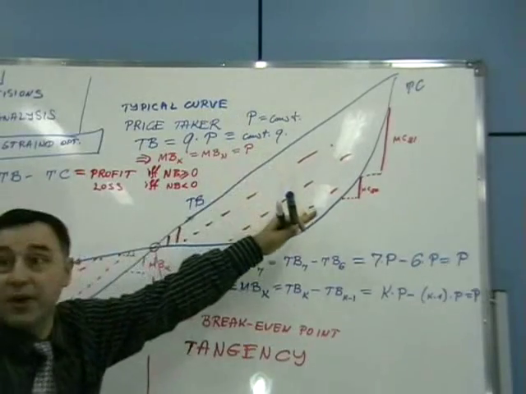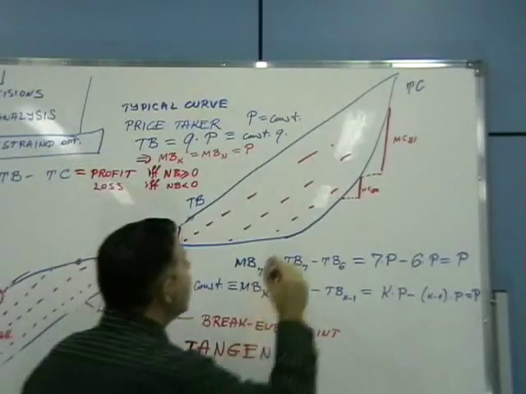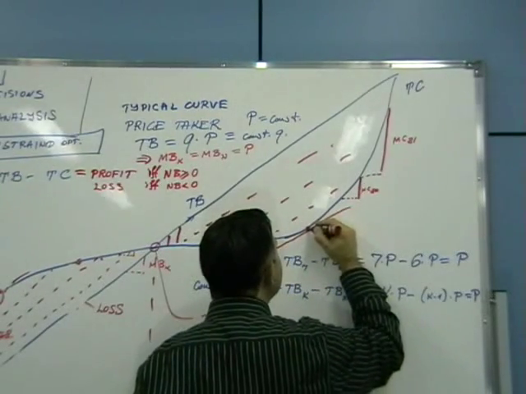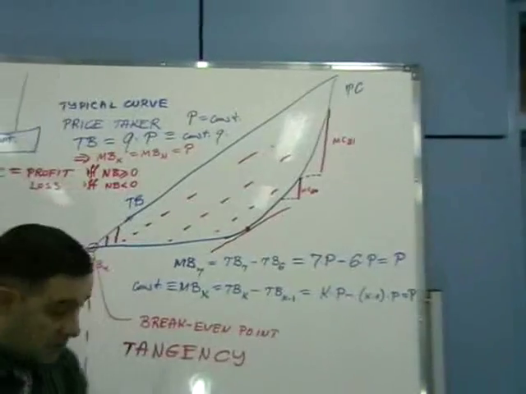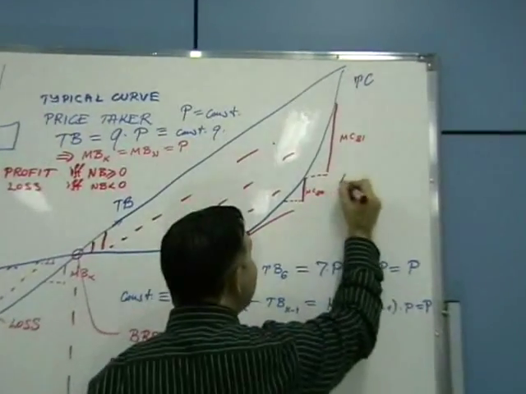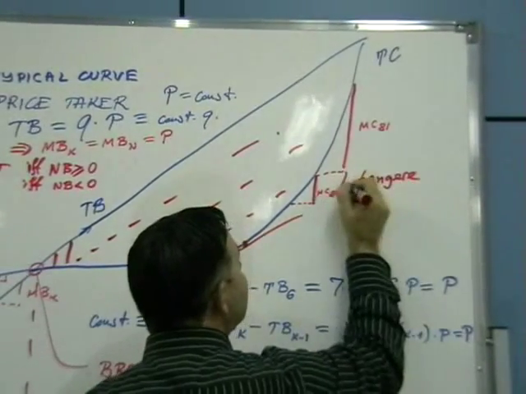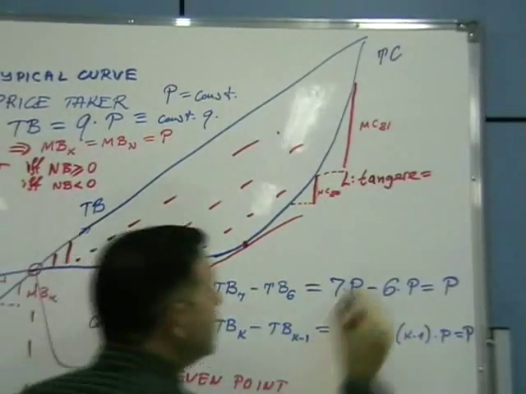The furthest out I can move, the higher will be the profit. And ultimately, I get to the point of tangency. All right? You know where tangency comes from? It comes from tangere, which is Latin and stands for touch.